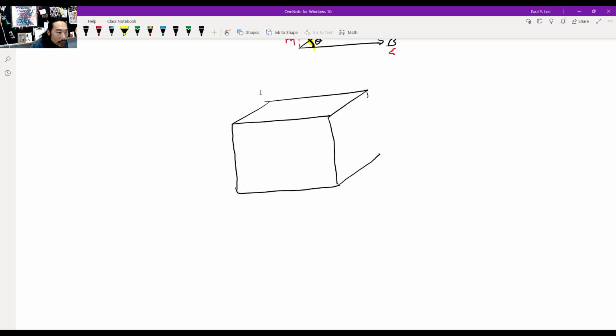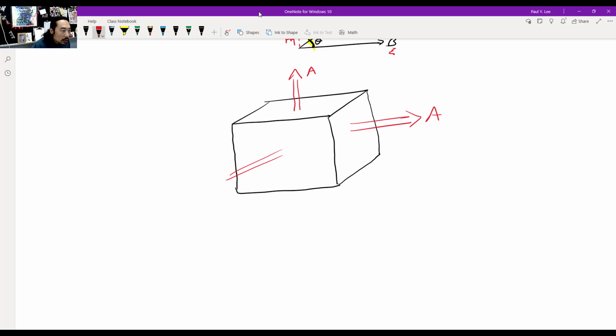What I'm going to do next is draw the area vectors. I'm going to do this in a different color ink, but if I were to do this with a pencil, I would do a double line to represent the area vectors. So the area vector coming out of this area looks like this.